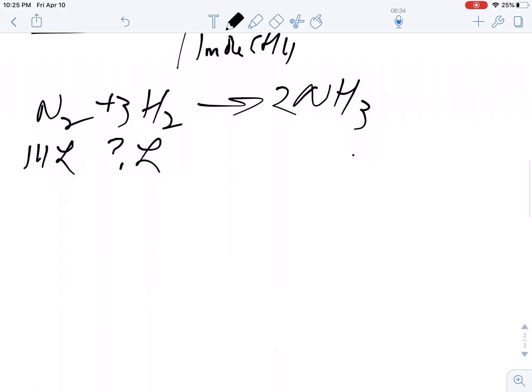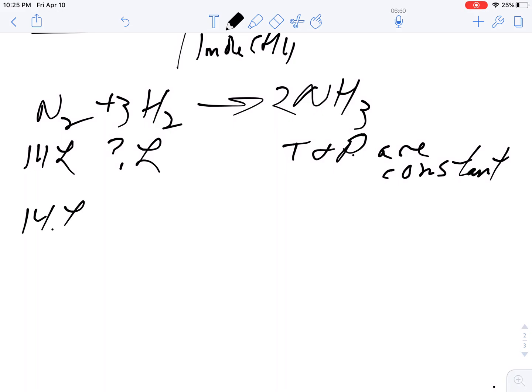So the key is they'll tell you that the temperature and pressure are constant. If the temperature and pressure do not change through the problem, then you can just use the mole ratio.